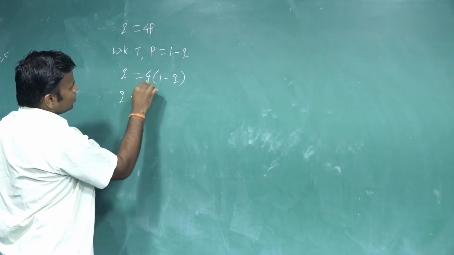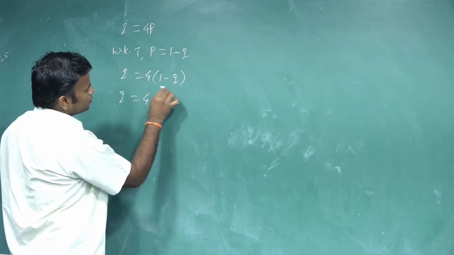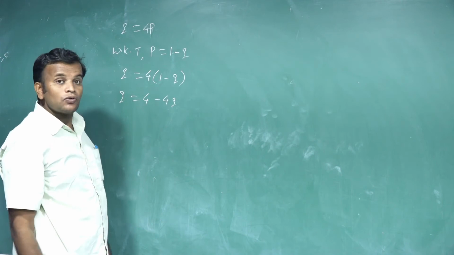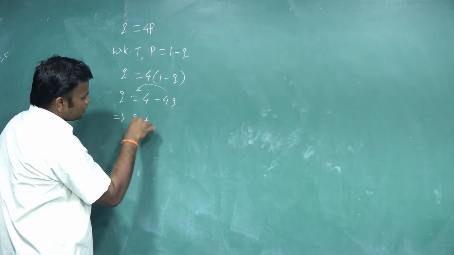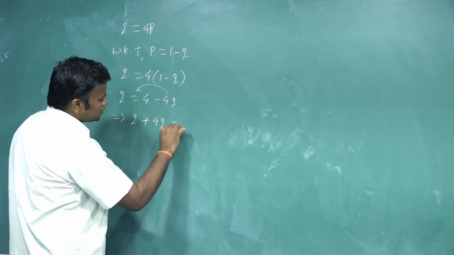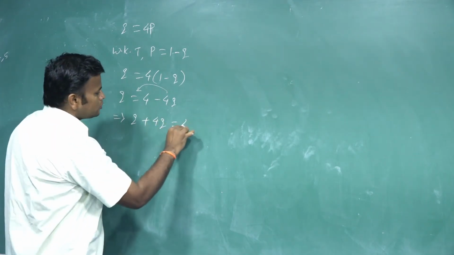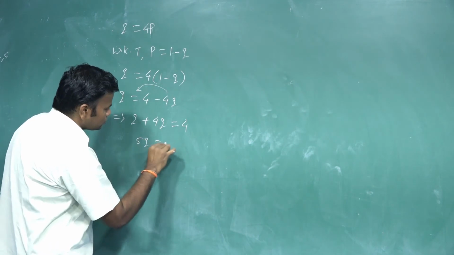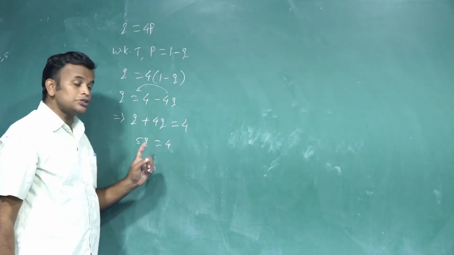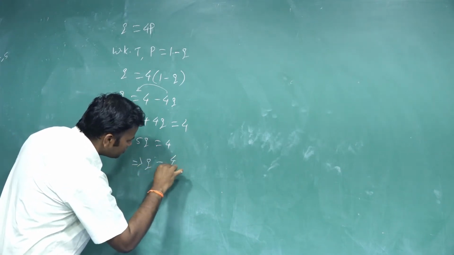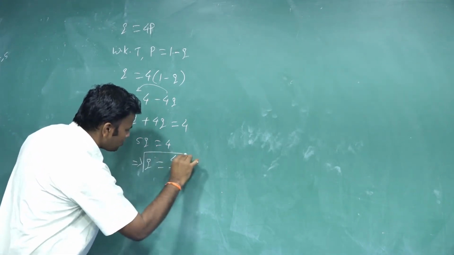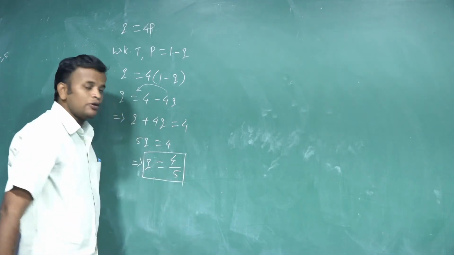The value of P is 1 minus Q. So 4 ones are 4, and 4 into Q is 4Q. So already Q is there. Minus 4Q becomes plus 4Q on that side, equal to 4. Q plus 4Q is 5Q, so 5Q is equal to 4. What about Q? The value of Q is 4 by 5.